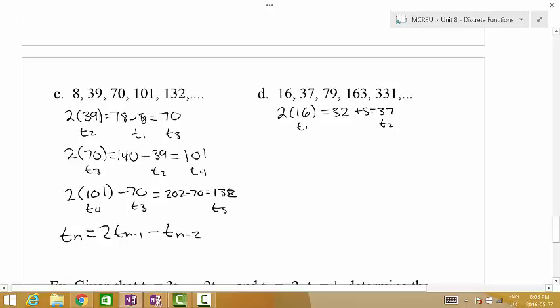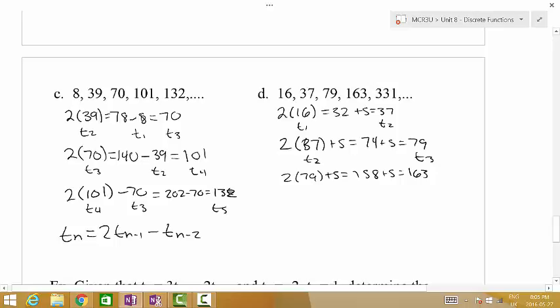Let's try that again. So 2 times T2, which is 37, plus 5 gives us 74, plus 5, or 79. So we multiplied T2 by 2, added 5, gave us T3. Try it again. 2 times 79 plus 5 gives us 158, plus 5, or 163.